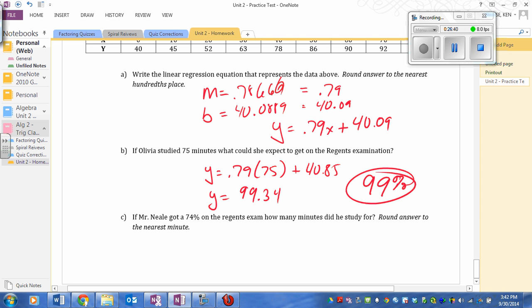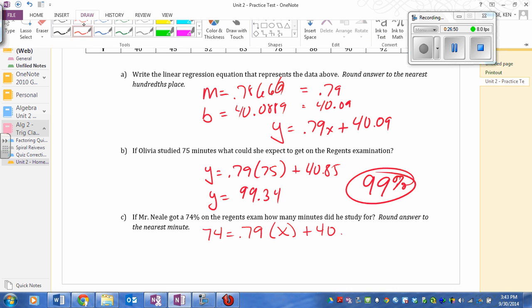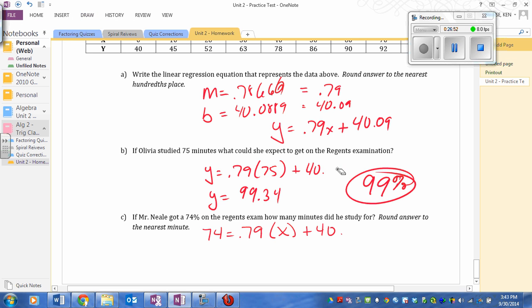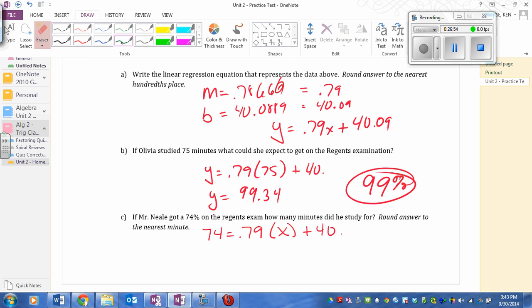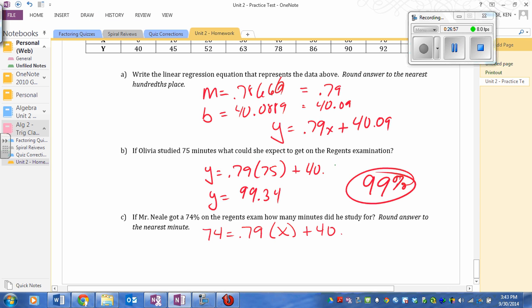If Mr. Neal gets a 74, so 74 equals 0.79 times x plus 40.09. I'm going to change this again here to fix this. So subtract the 40.09. 74 minus 40.09 equals 33.91.